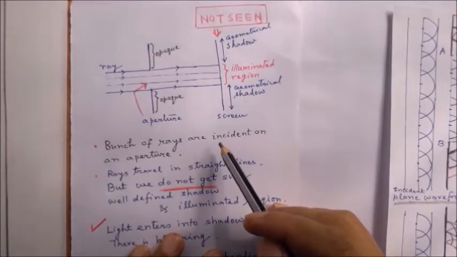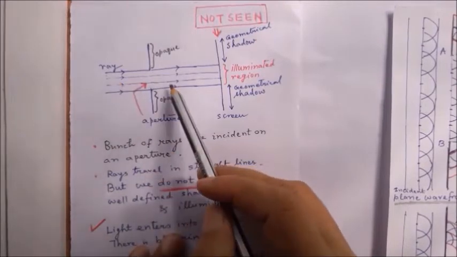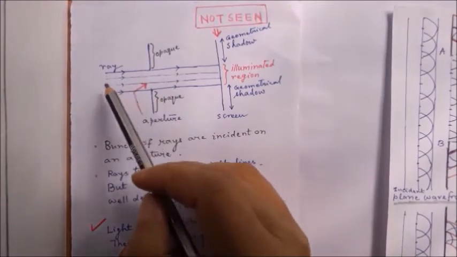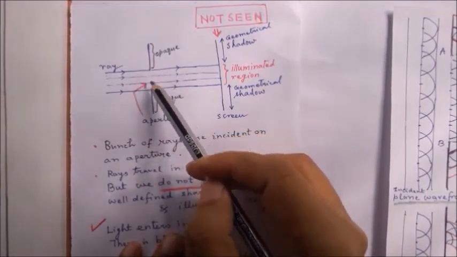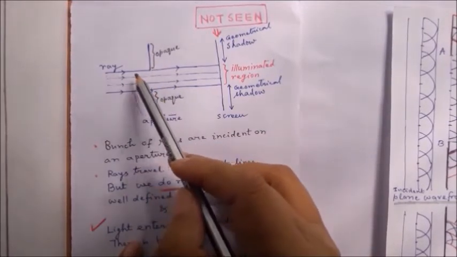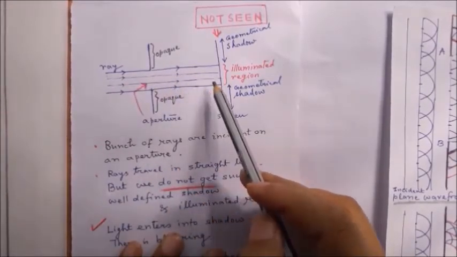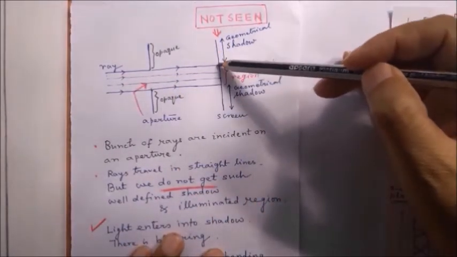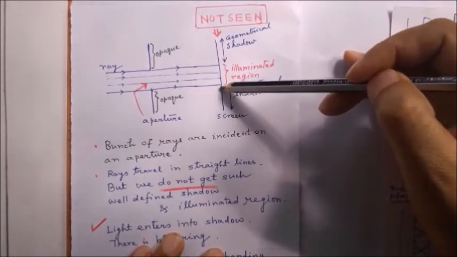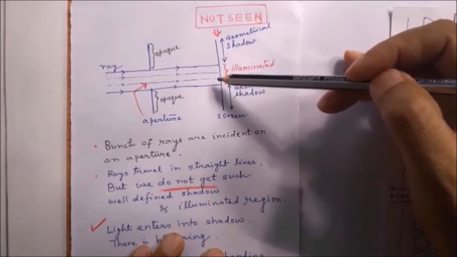Let us briefly recall what the situation would be if we use the ray diagram to explain the same thing. So in this case, this is the arrangement and this is the aperture. These are opaque spaces. Light enters from left to right. It just moves on in a straight line, and in that situation we'll have a geometrical shadow here, here also a geometrical shadow, and this would be the illuminated region.